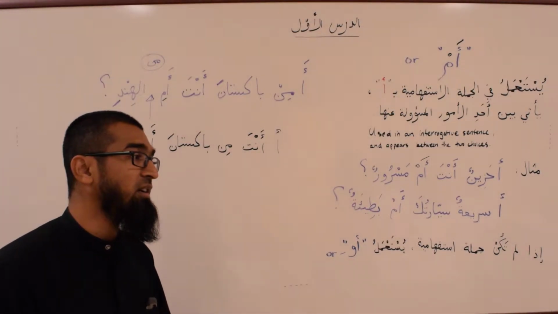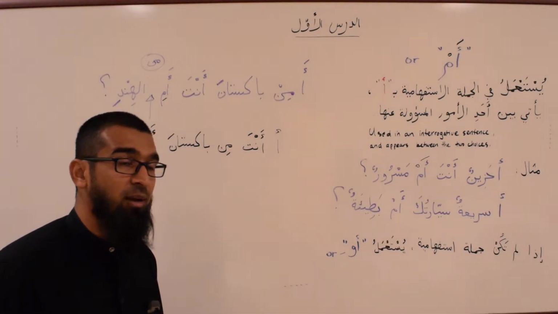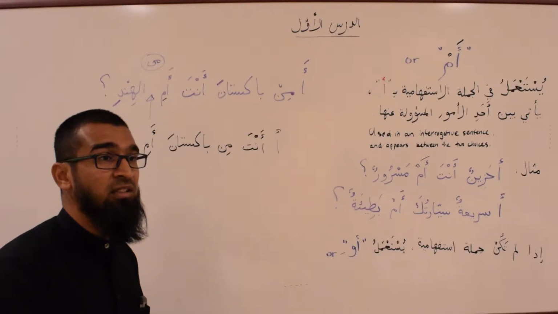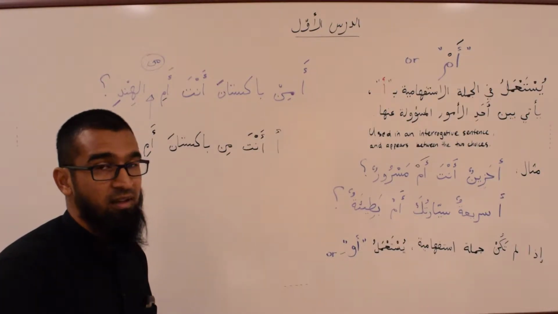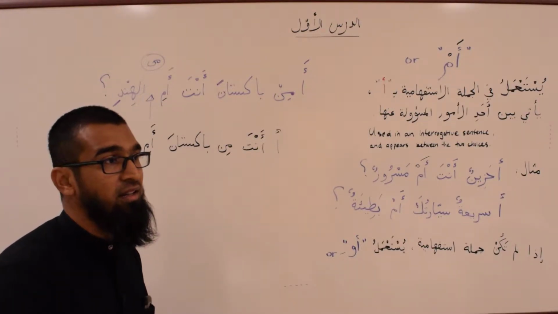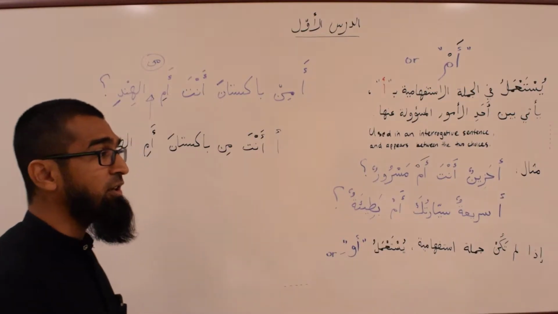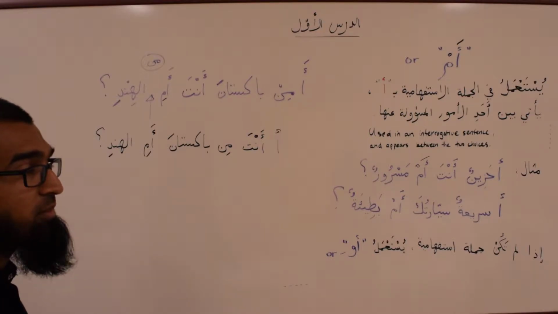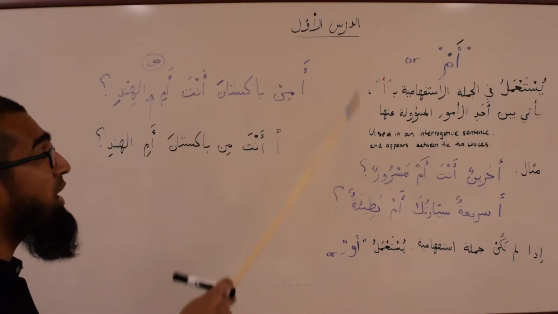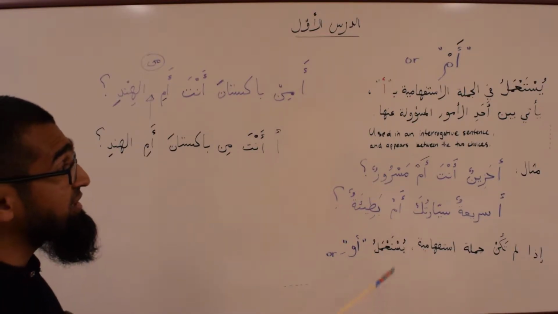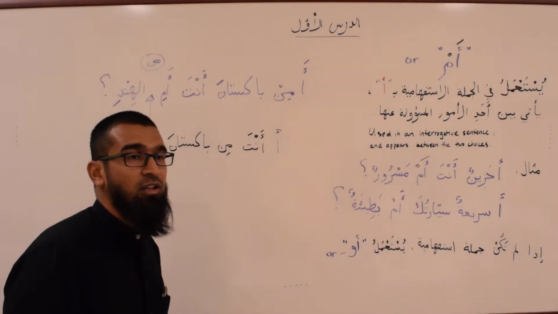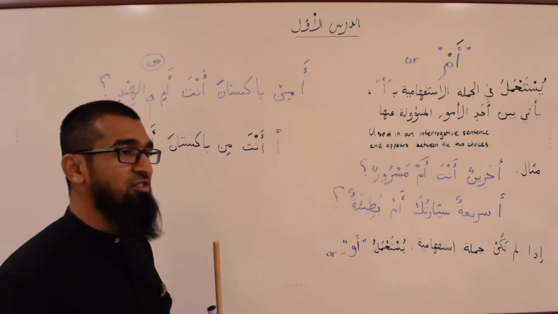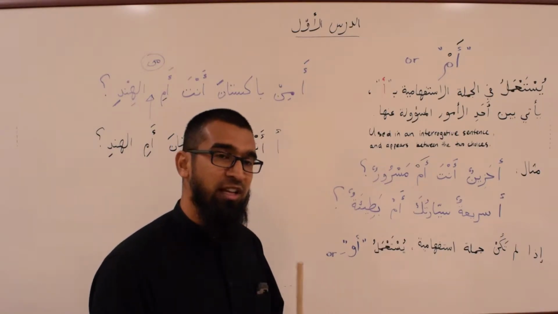If you go into the books of grammar that go into detail, like Ibn Malik and Ibn Hisham and so on, you'll find that they mention a bunch of conditions, and it's a lot more complicated than this. And you may even see these rules being broken. So this is just a general idea for you to get started.